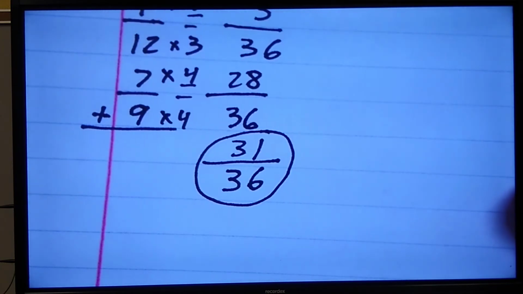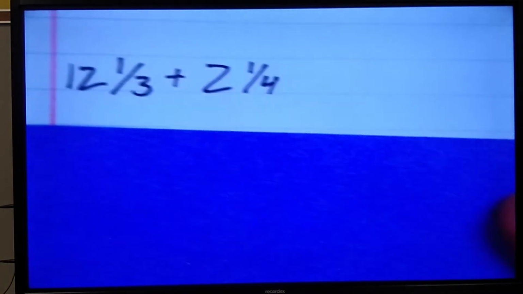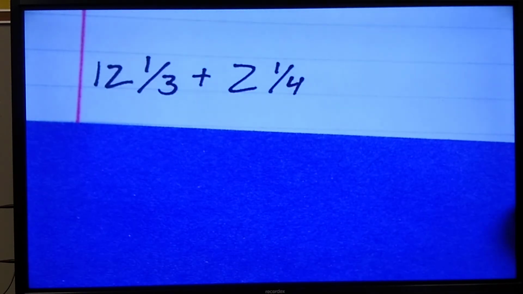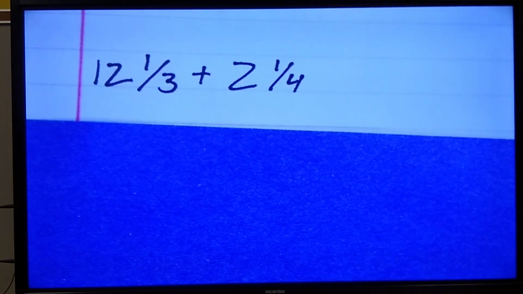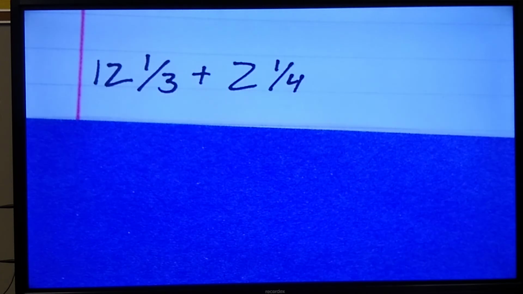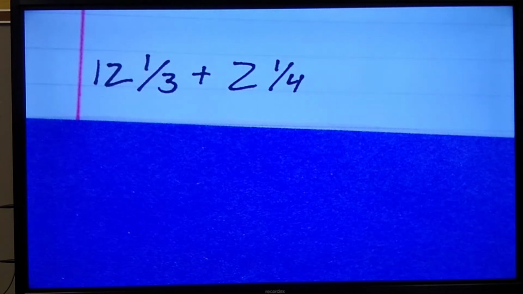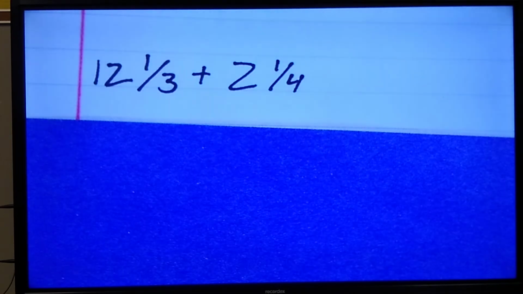All right, let's review one more. This time, we are adding mixed numbers. We're not going to be subtracting mixed numbers this week because there is an extra step sometimes, so we're going to work on that separately. But we have learned how to add mixed numbers, so you go ahead and do this right now. Pause the video.